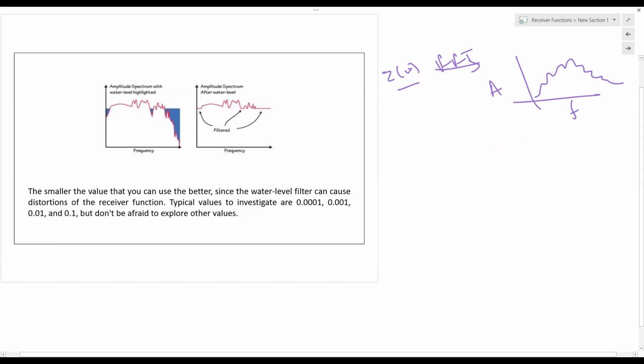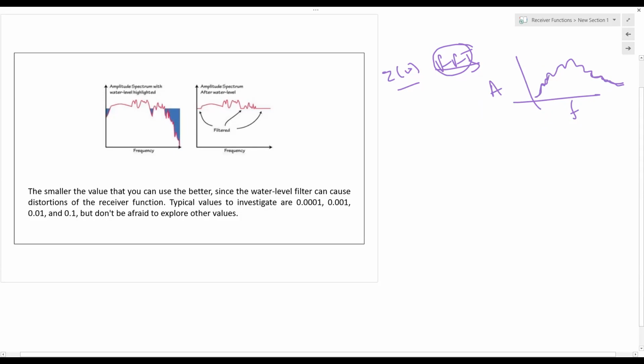By doing the FFT, you can know which frequencies have the smaller or zero amplitude. These frequencies here have smaller amplitude, and we need to attenuate them.